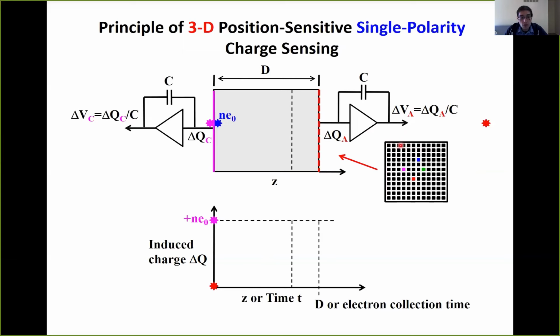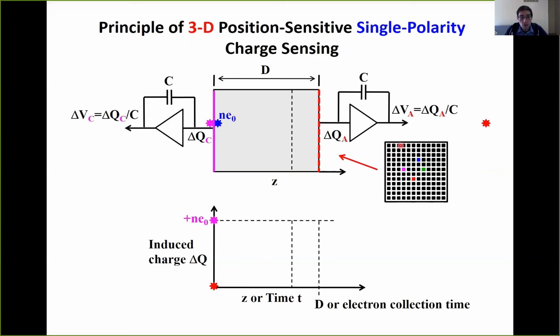In the planar configuration, which we still keep on the cathode side, the induced charge is very linear and depth dependent. But in reality, when we have the pixelated nature of the anode, the induced charge is slightly different and depth independent. That has to do with the weighting potential, or the electric field, associated with the pixelated nature of the detector. So anything that happens in the bulk of the detector is really depth independent.